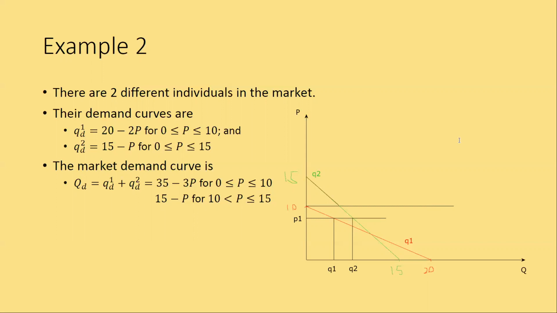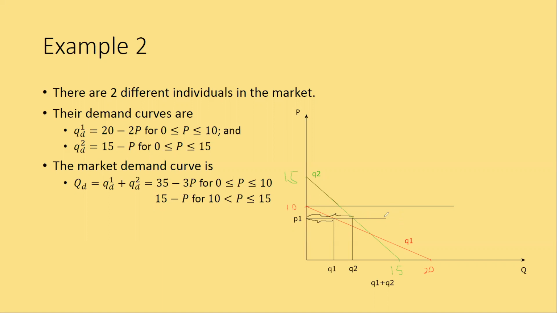And so where is Q1 plus Q2? It is, well, probably somewhere here. So the market demand at P equals to P1 is going to be just adding up those two segments.